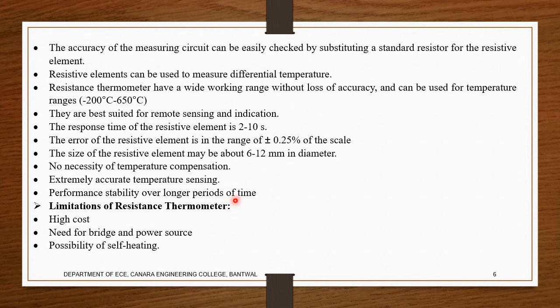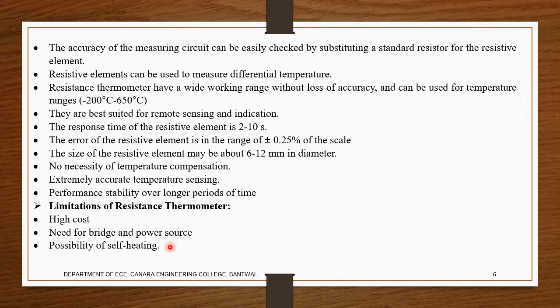So what are the limitations of the resistance thermometer? As I said earlier, they are a little costlier when we use platinum material. We also require an external bridge and an external source to measure the unbalanced condition in the bridge to get a value or for calculation purposes. And it has the possibility of self-heating.